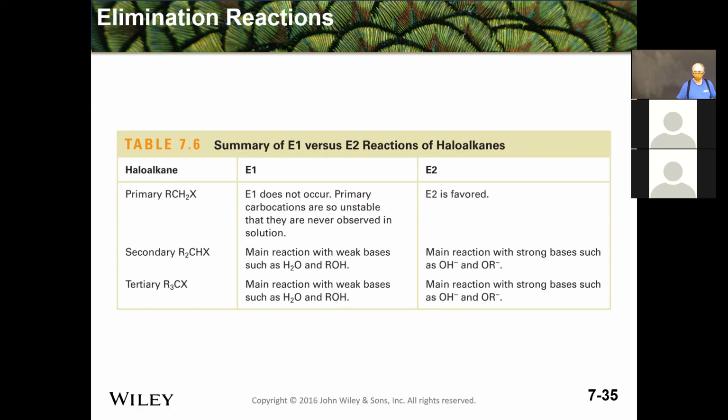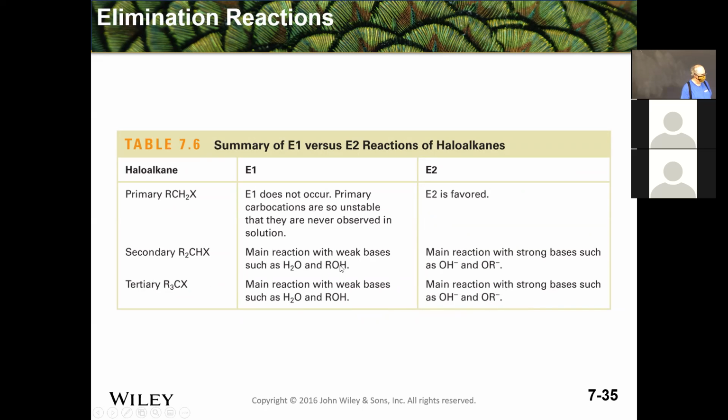Okay, so how can we tell whether it is E1 or E2? Well, if it's a primary halide, E1 will not occur because the carbocation is too unstable. So E2 is going to be favored. With the tertiary halide, E1 is favored, but you can have an E2 if you have a strong base.